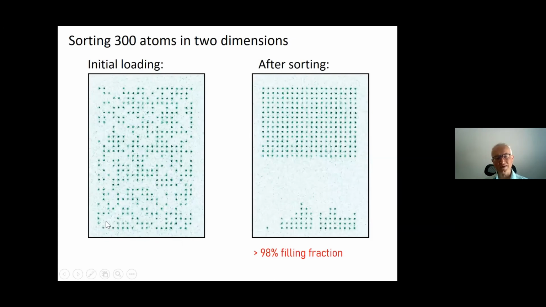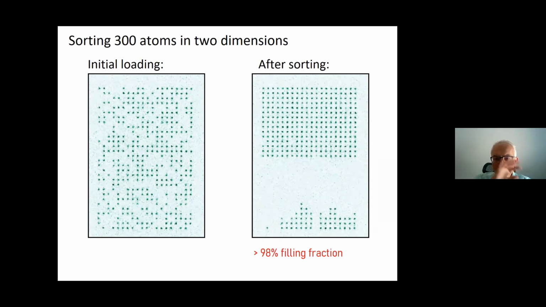Basically we have a sorting system which looks at each column and compresses each column in the vertical direction, similar to the way that we did with the acousto-optic deflector. So each column is compressed in the vertical direction, and afterwards we have some atoms left that were not used to form the pattern. This sorting now takes a little bit longer, but not too much. It takes us between 100 and 200 milliseconds.